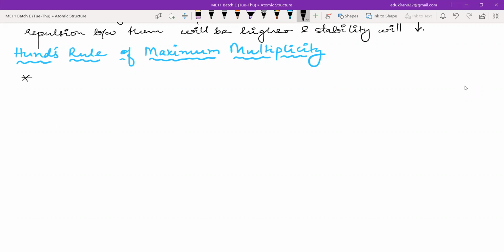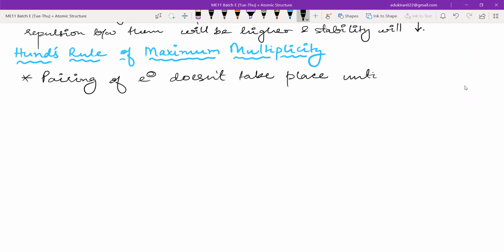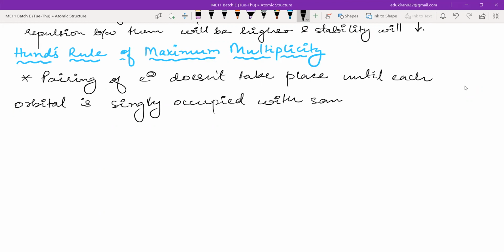So the rule says that pairing of electrons does not take place until each orbital is singly occupied with same spin.